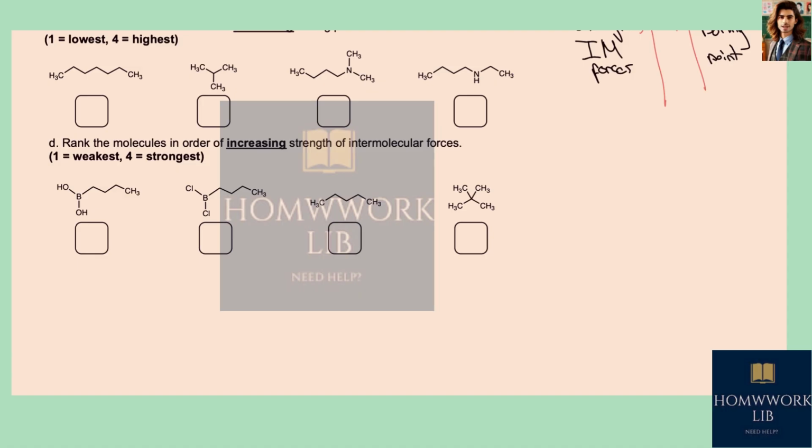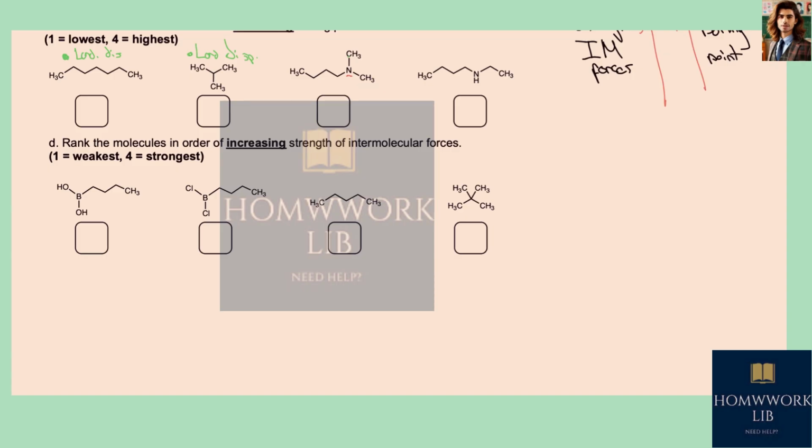In the first case, we're going to have only London dispersion. On the second one as well, London dispersion forces. Over here we're going to have a polar bond. Actually, we're going to have several bonds that have certain polarity. And in this case, remember that the nitrogen atom is going to have an extra pair of electrons, which is not going to allow this to have the configuration in which the total dipole is equal to zero.